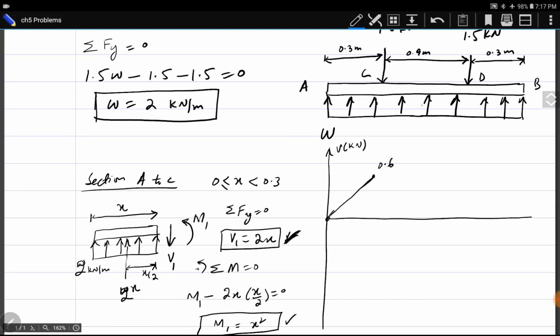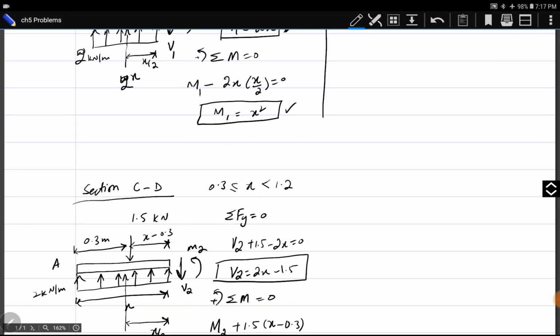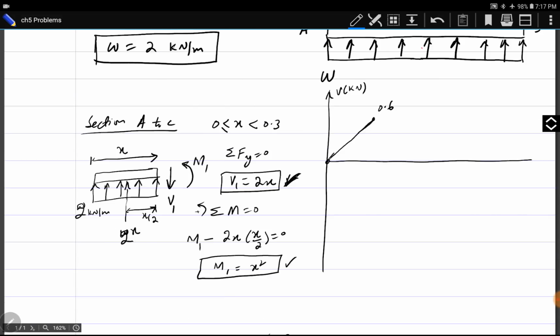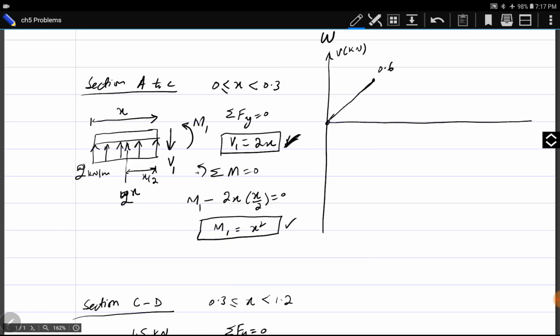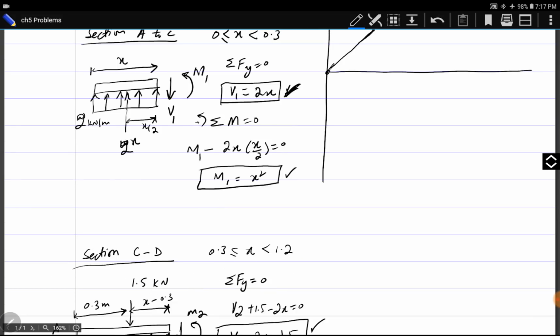If we move to the second function, where x is between 0.3 and 1.2, if we put x equal to 0.3 for point C in this expression, V becomes minus 0.9.